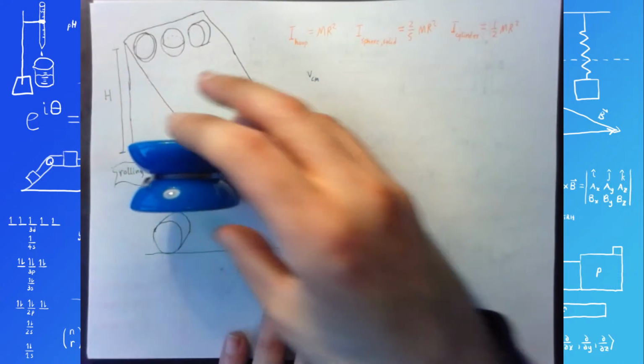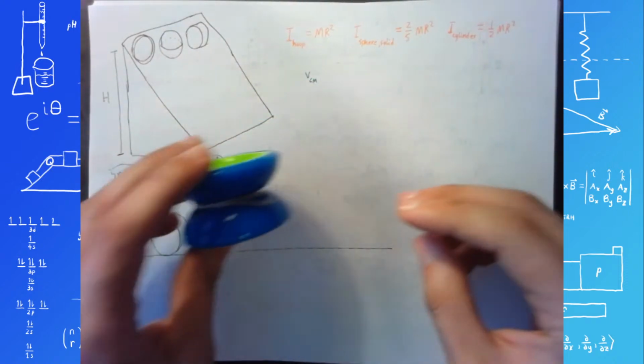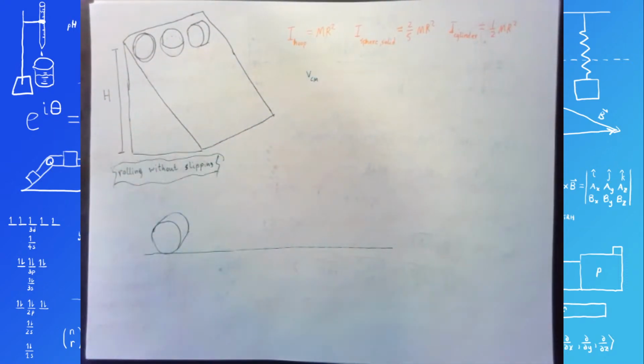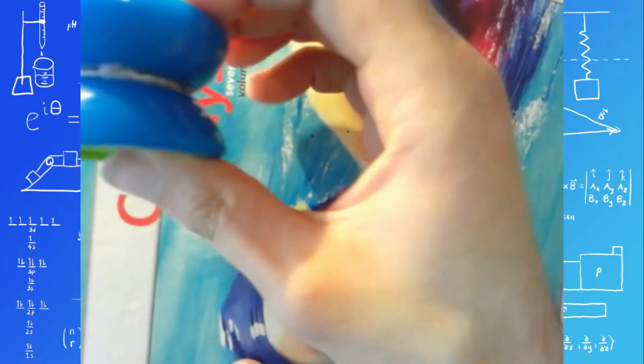Versus one thing it could do, if this was on a steep slope, I guess maybe I could use my book if I can get it to a steep enough angle. If you get it to a steep enough angle, you should be able to see the object not roll so much, and instead it will just slide like this instead of rolling.